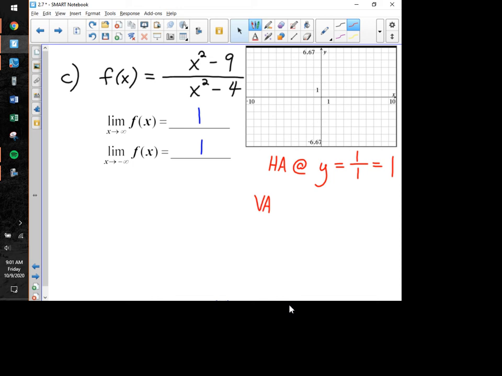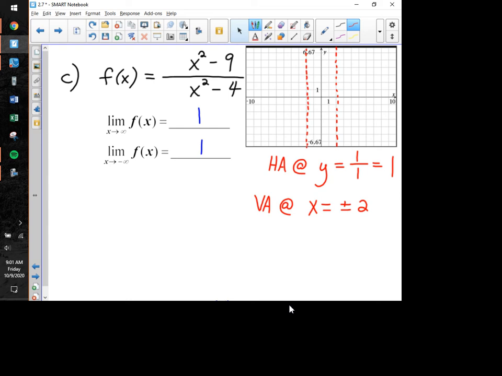A vertical asymptote, let's see, is a spot where your denominator would equal 0. Now that denominator, x squared minus 4, factors into x plus 2, x minus 2. So we're actually going to have two vertical asymptotes here at x equals plus or minus 2. Now you've seen graphs like this in the past, but I don't know that we've seen any this year.